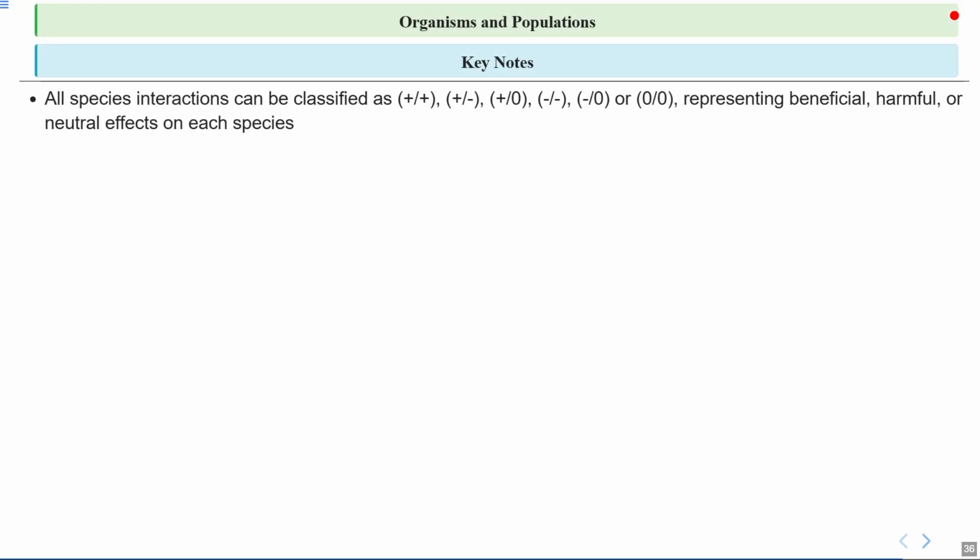Let's discuss some keynotes. We talked about the species interactions. We talked about this type of interactions. All species interactions can be classified as, okay, so you can give a positive or a minus sign, positive for beneficial, minus for the detrimental effect. So for all the types of interaction you can give a positive sign or a negative sign.